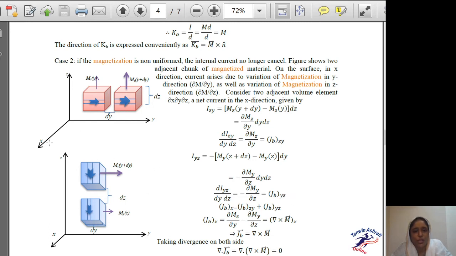Therefore, the total current density in x direction is due to the addition of J_b yz and J_b zy.